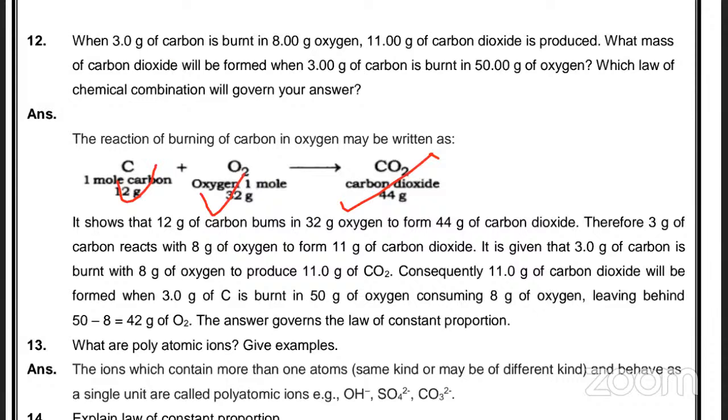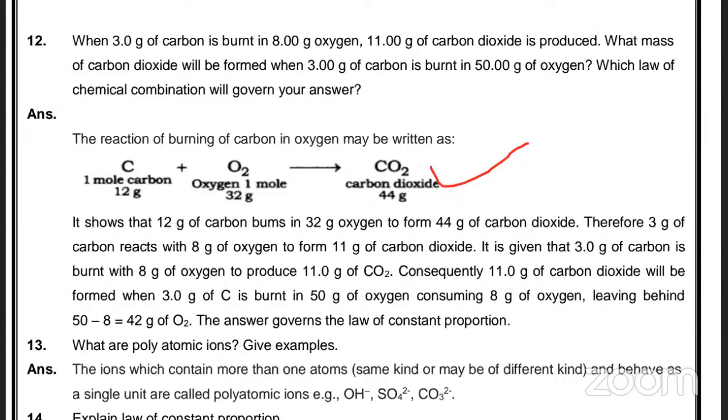So the question is, 50 grams of oxygen and 3 grams of carbon are involved, how much carbon dioxide will be formed? This equation shows that 12 grams of carbon burns in 32 grams of oxygen to form 44 grams of carbon dioxide.